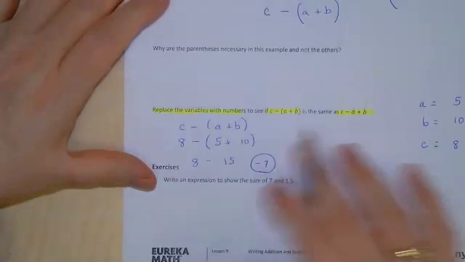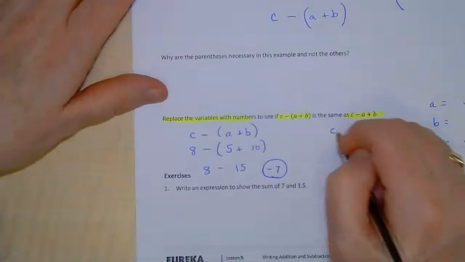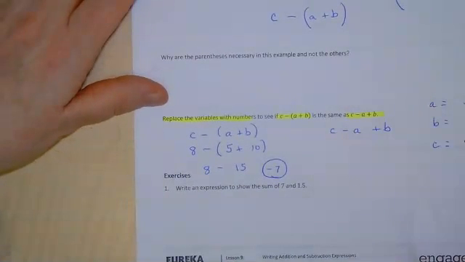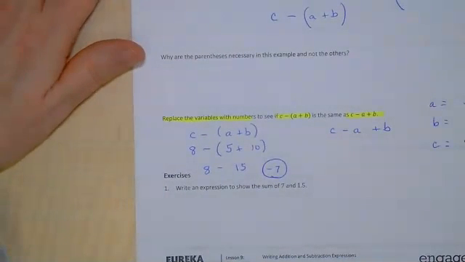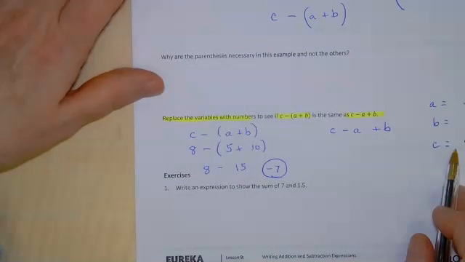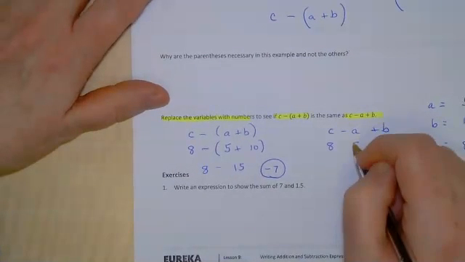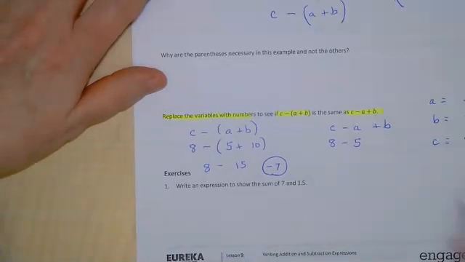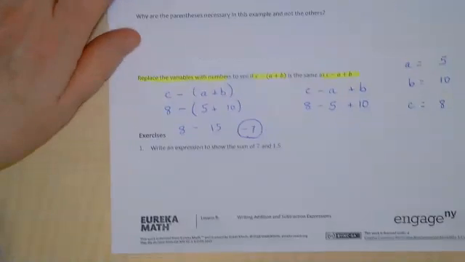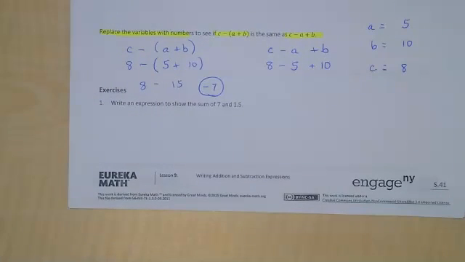Now we're going to do the same thing with no parentheses. You think we'll get the same answer? Probably not. So C is 8, A is 5, and B is 10. And now which part do we do first? I can do add and subtract at the same time, but if there's more than one, where do I start?